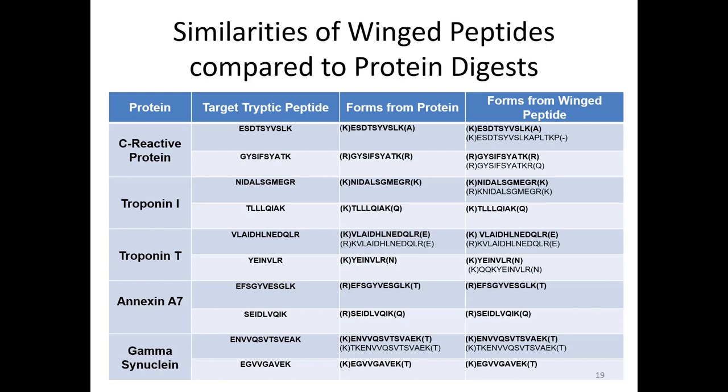This is a common miscleavage that we see for CRP in normal biological samples. The hope was that whatever forms, if we saw more than one from the protein, we would see those exact same forms for the wing peptide, and we didn't. So that tells us something right away that, all right, maybe the wing peptides don't work exactly the same way as proteins, but are they close?